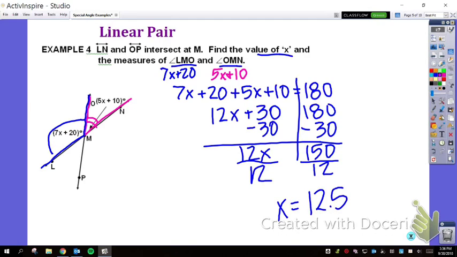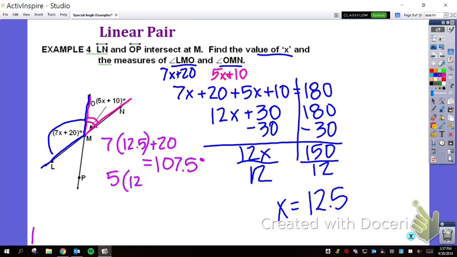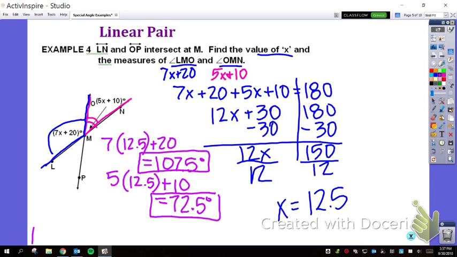We're going to have 7 times 12.5 plus 20, which is going to end up giving us 107.5 degrees. And then we would have 5 times 12.5 plus 10, which would equal 72.5 degrees. So those would be all of your answers.